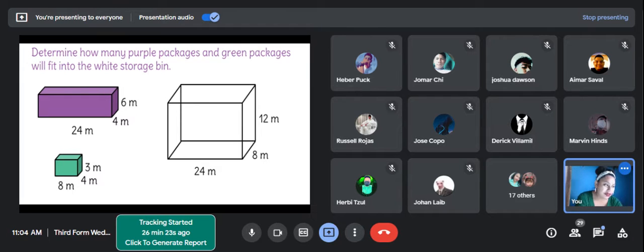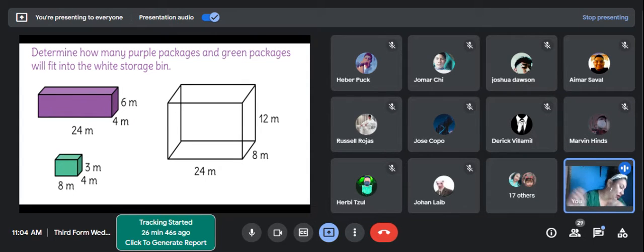Not the area. What are we finding? The volume, very good. You have to find the volume of the big box, and you have to find the volume of whatever you want to put inside of that box. And when you have the two answers, what would you do after that? You would divide. Very good.